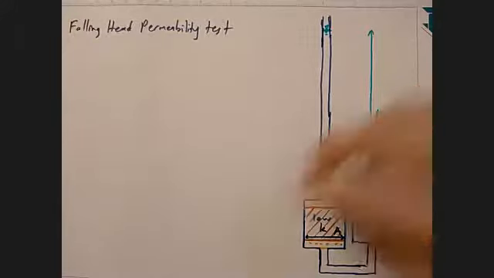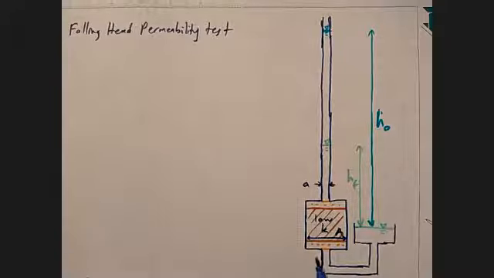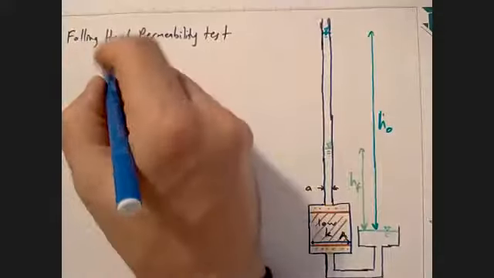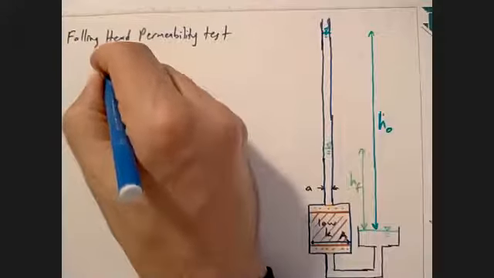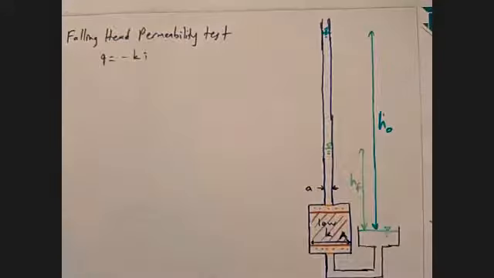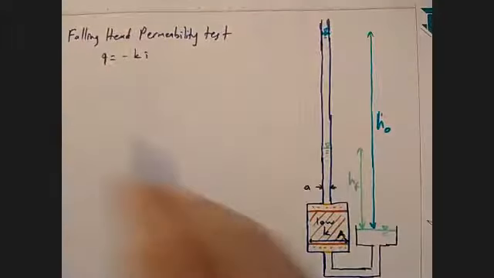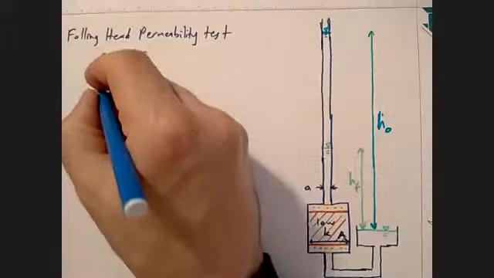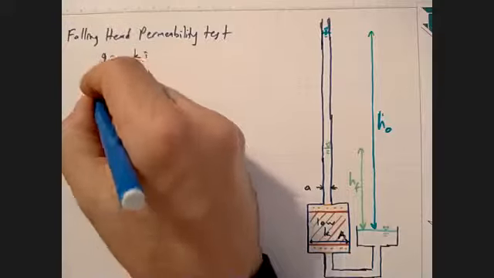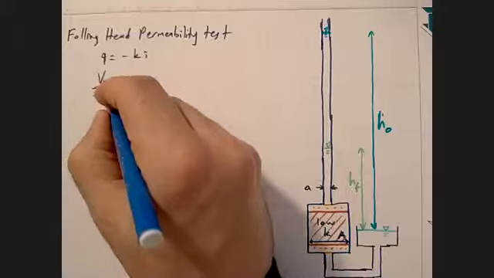If the head is variable, and if I write Darcy's law, which is Q is minus Ki, I am going to actually put the minus in this case because it matters in this one. So Q, the volume of water over time, is the discharge rate, the flow rate.